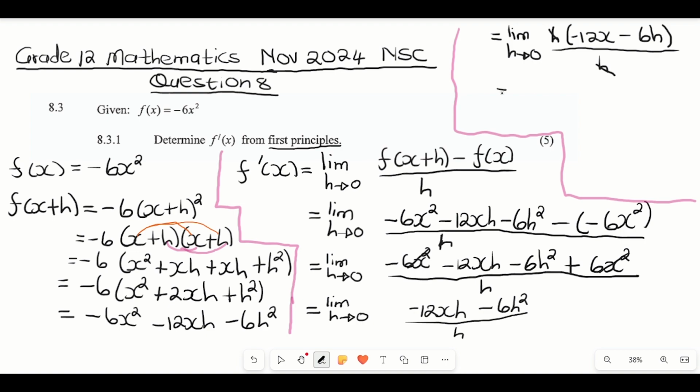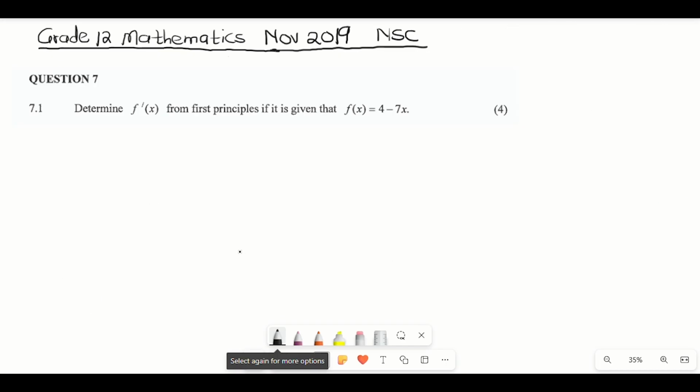So now, we've already made our h to be 0, so our answer becomes minus 12x. You see, here I didn't write lim as h approaches 0 because I've already made h to be 0, so I no longer need to write lim as h approaches 0. That's the final answer. Let's look at another question.